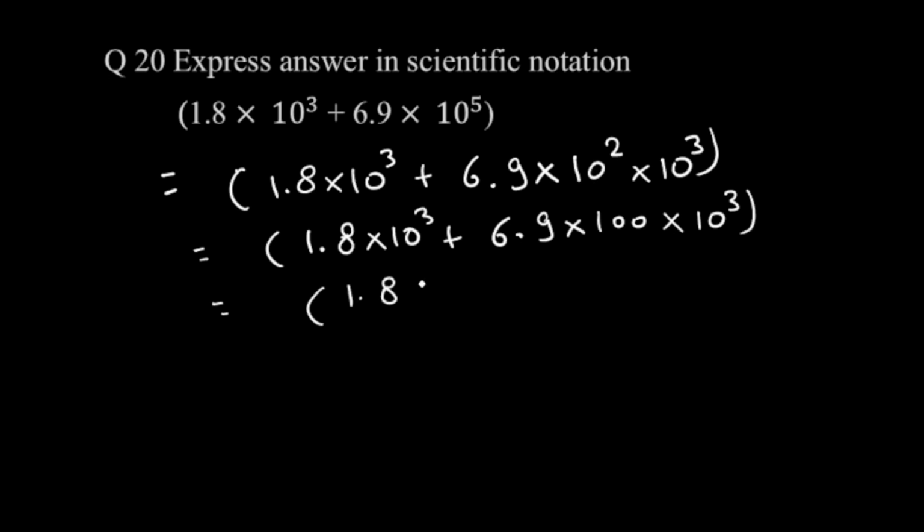1.8 multiply 10 to the power 3 plus 100 multiply 6.9, which is 690, multiply 10 to the power 3.